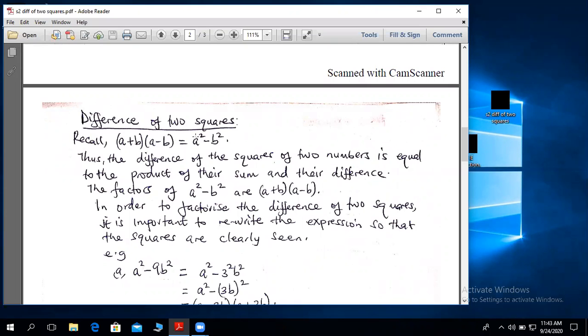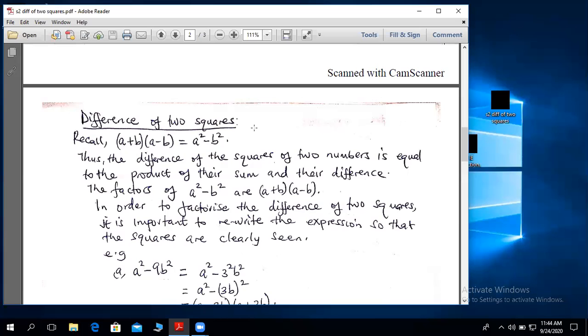So when you have the difference of the square of A and the square of B, it is equal to the product of their sum. Their sum is A plus B, and product means multiplication. So we put a bracket and their difference. Now I want to remind you of something from our senior one knowledge.